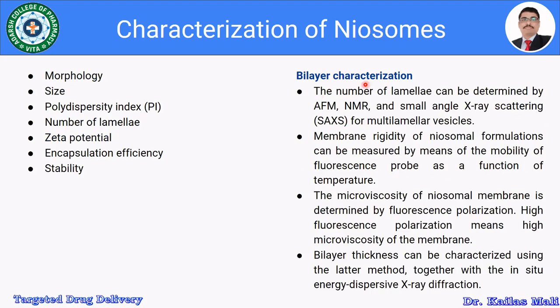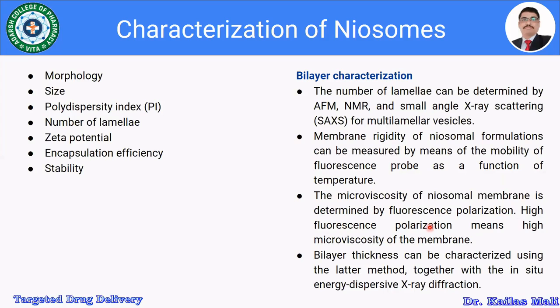Then bilayer characterization. The number of lamella can be determined by AFM, NMR, and small angle X-ray scattering, that is SAXS, for multilamellar vesicles. The membrane rigidity of the Niosomal formulation can be measured by means of mobility of a fluorescence probe as a function of temperature. The microviscosity of the Niosomal membrane is determined by fluorescence polarization.